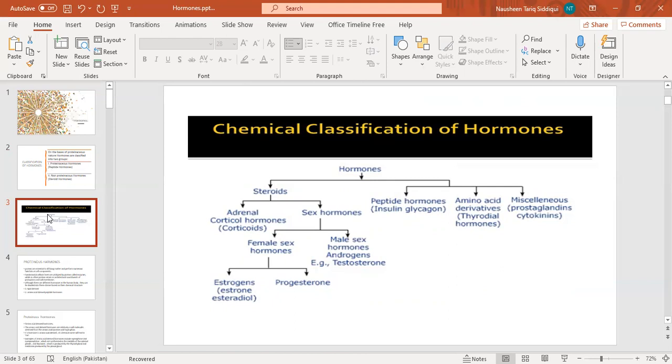These are examples of the amino acid derivative hormones, and miscellaneous में आते हैं prostaglandins and cytokinins. While in steroidal hormones, we have adrenal cortical hormones and then we have sex hormones. In sex hormones, we have different male and female sex hormones. In female sex hormones, we have estrogen and progesterone, while in male sex hormones, we have androgens and testosterones.